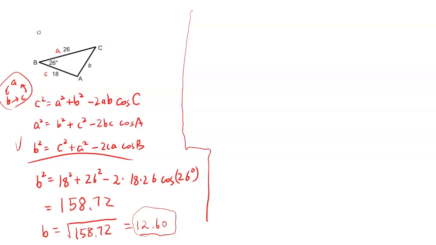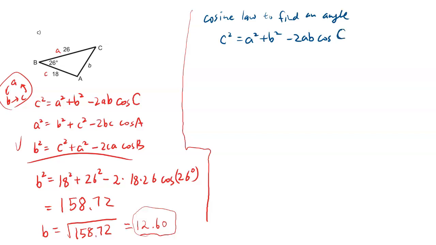So what you do is you have this modified cosine law, the cosine law to find an angle. It's the same thing, but you just have to solve for a different variable. So you take this, you have c squared equals a squared plus b squared minus 2ab cosine c, and you want to know this angle capital C. That's the one that we don't know.